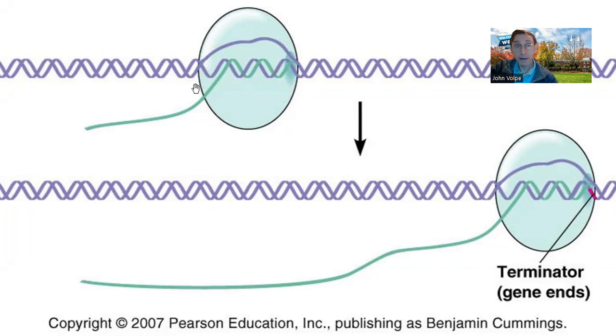Any question about that? So initially, when the RNA is inserted, it actually is hydrogen bonding to the DNA. And that occurs for a short stretch before the RNA, for whatever reason, stops hydrogen bonding, then falls off.